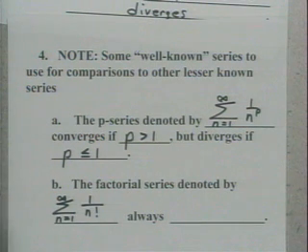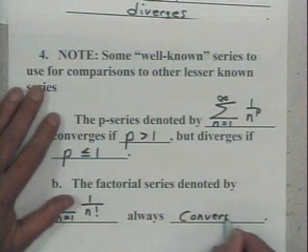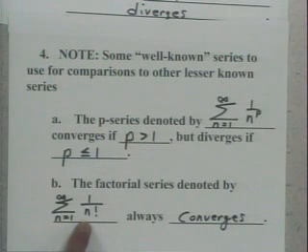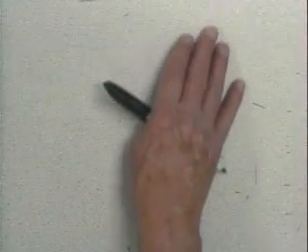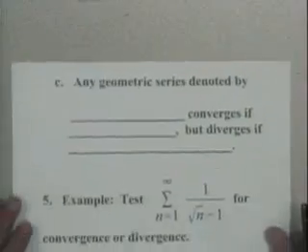And the factorial series always converges. We'll be able to prove that later, but for now it's a handy one to use.